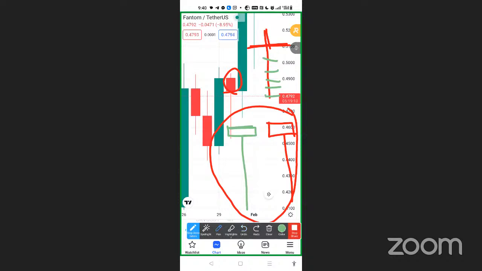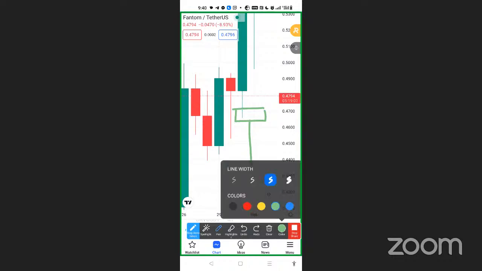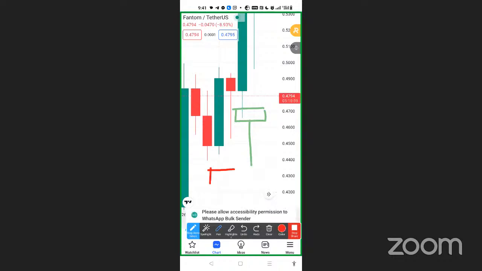So if you find a candle like this with a long wick, a red candle like this with a long wick, or a green candle with a long wick on top, and also a green candle like this with a long wick, what does that signify to you? What is taking place in the market?